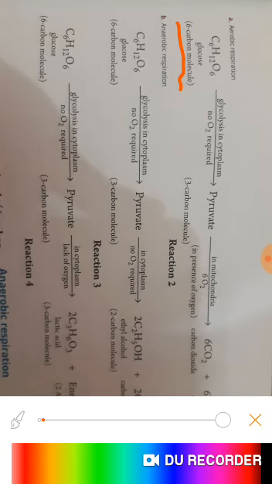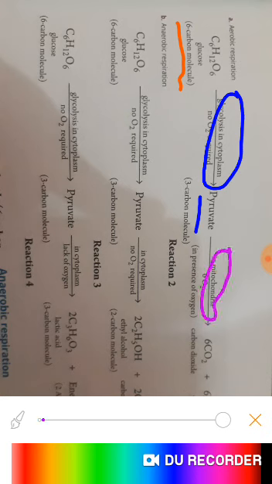Glycolysis takes place in the cytoplasm. No oxygen is required. It gets converted into pyruvate. This step does not need oxygen. But when oxygen is present, this pyruvate will enter into mitochondria and get converted into carbon dioxide, water, and energy.